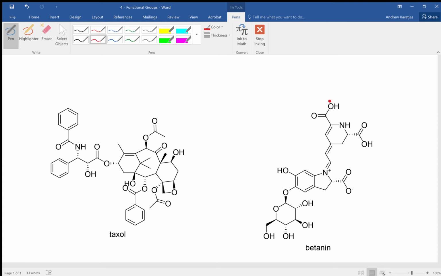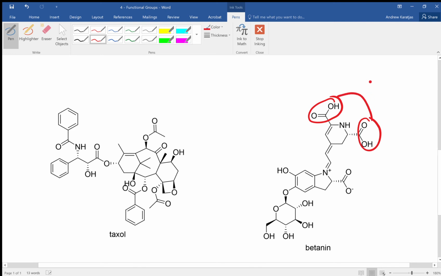And so we can start up here at the top. We've got a pair of carboxylic acids. In between them is this nitrogen group, and even more specifically, this is a secondary amine.